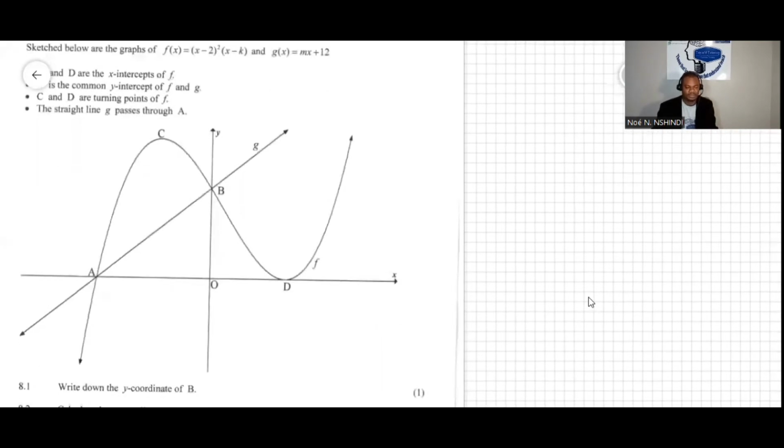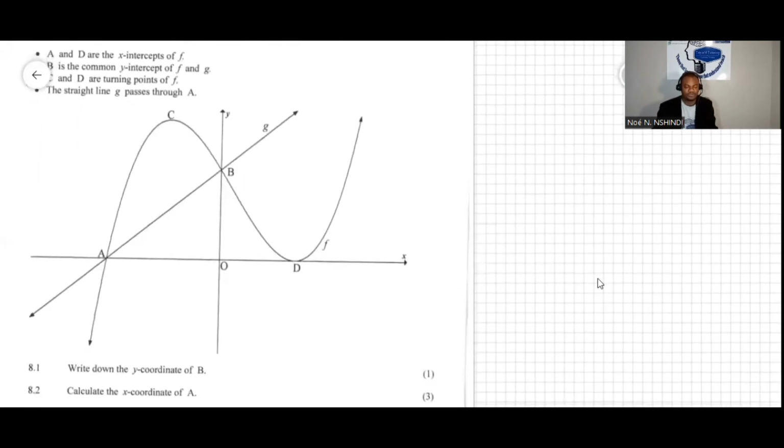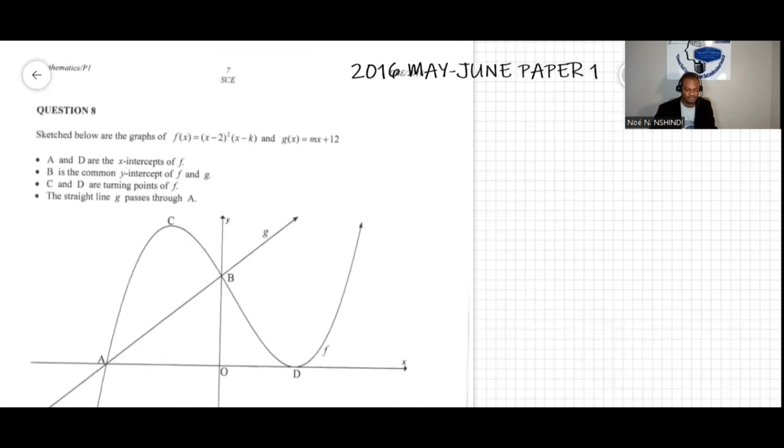Question 8.1 says write down the y coordinate of B. So the y coordinate of B is basically this point here.